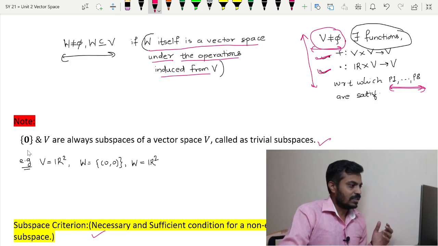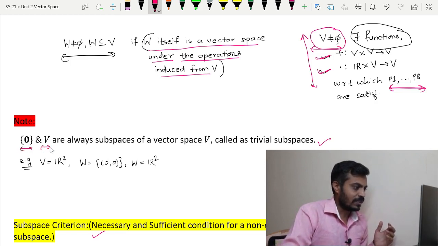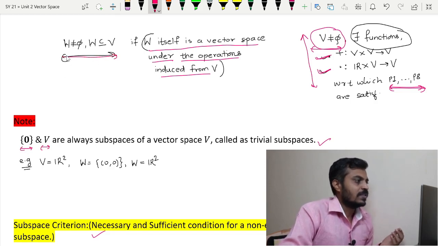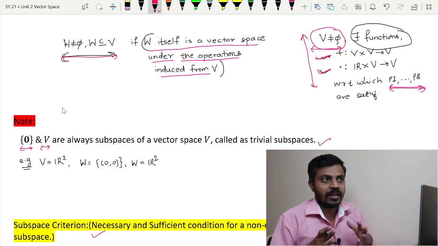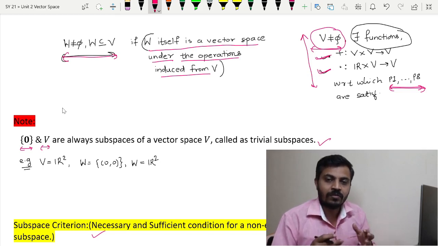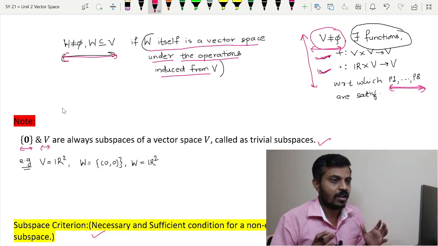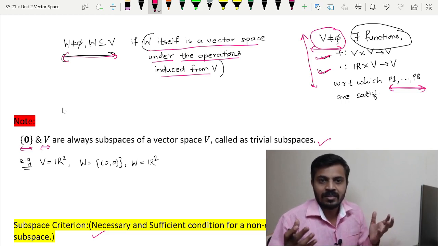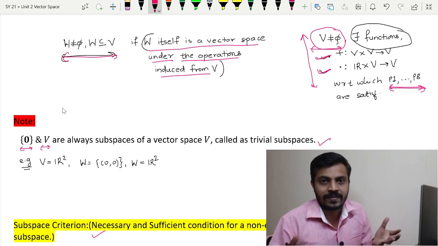So these are the singleton 0 and V itself. According to the definition of subspace, first of all we are interested in finding subsets of vector spaces which are themselves vector spaces. So our natural choice is what? We know that any set is a subset of itself.